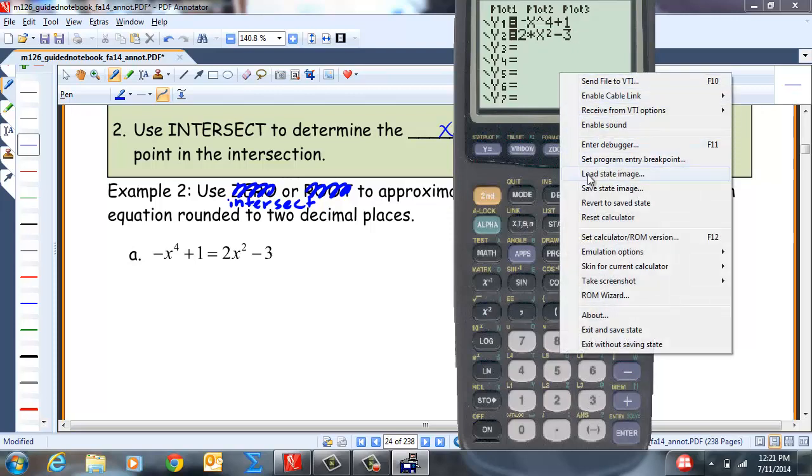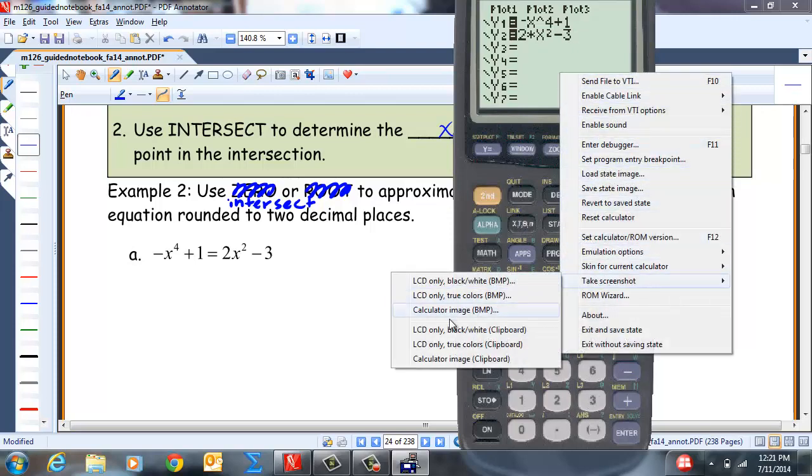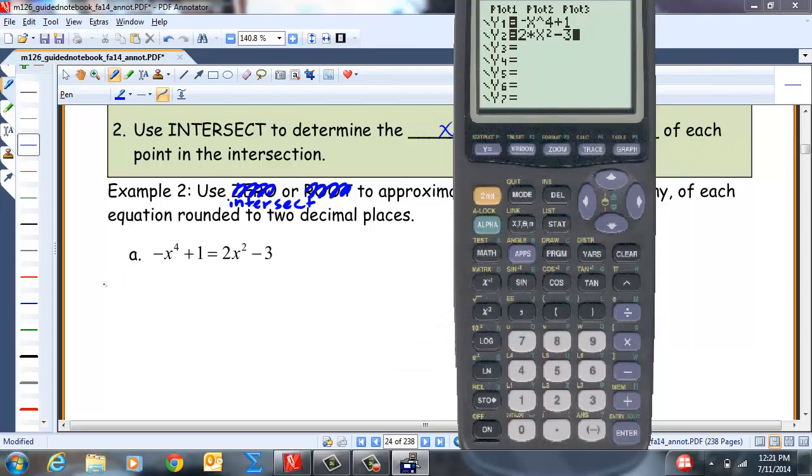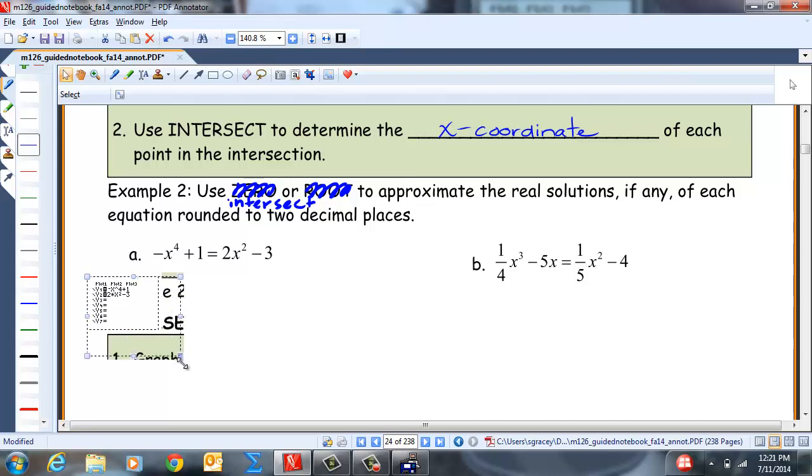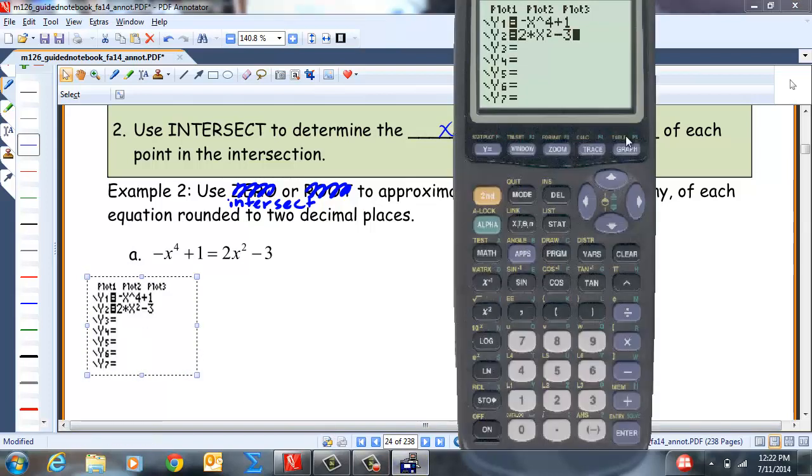So this is what was entered in. And then coming back, we'll hit graph. That's kind of a cool graph, right?